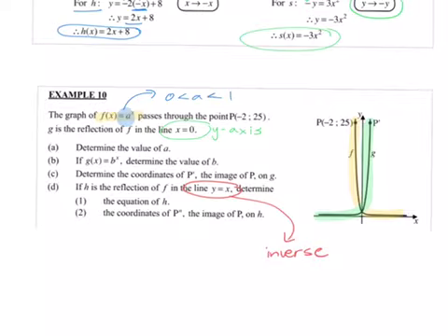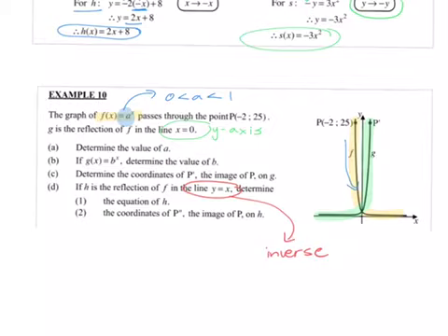How do I know it's decreasing? It's going down from left to right. So for question A, you are trying to find the value of that base, that a. So you have been given a point. On the next slide, it's the working out. So we're going to go on to the working out for A.